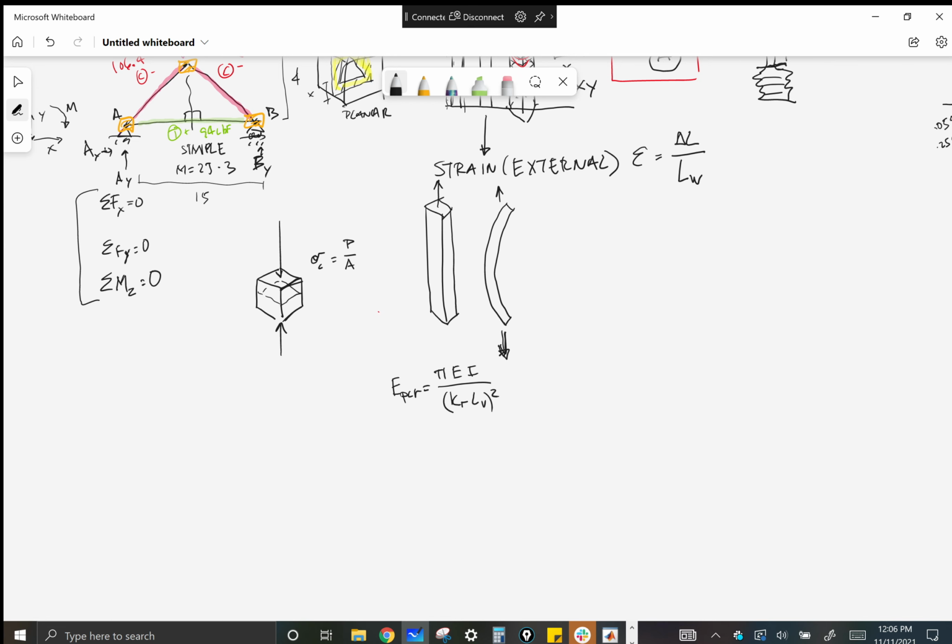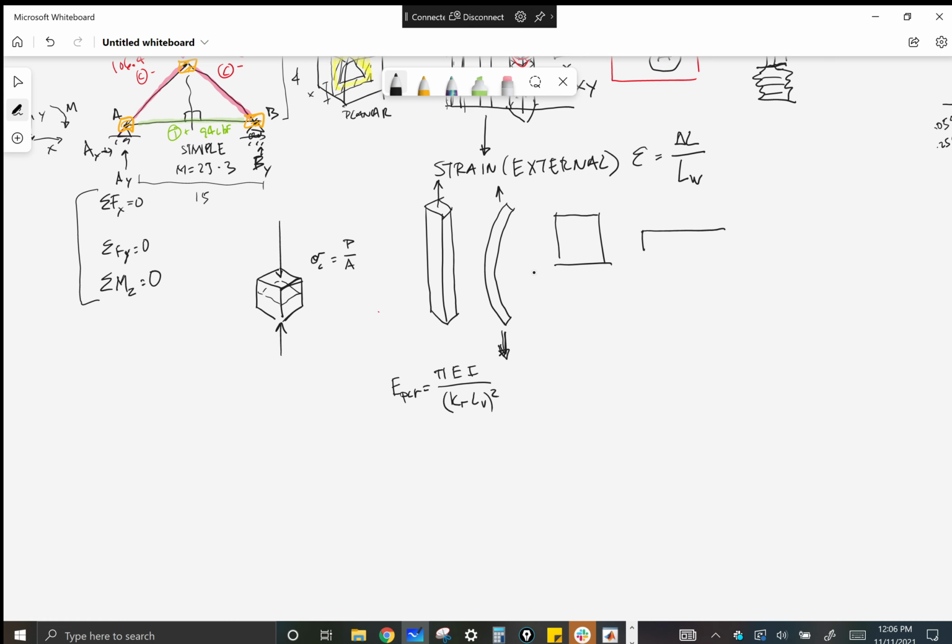And so here'd be a question. Why do columns tend to be symmetrical? Right.